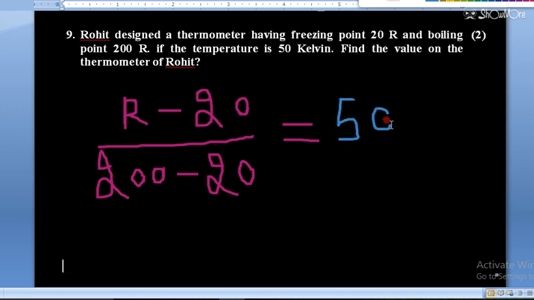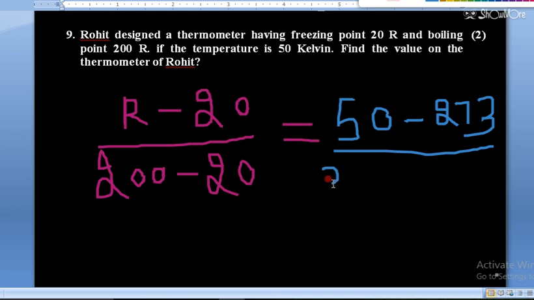So 50 minus the Kelvin scale's freezing point 273, divided by the Kelvin scale boiling point 373, and here we have to write 273.